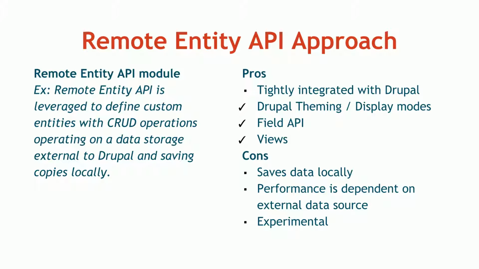By default, Drupal is going to assume that you are performing all these functions locally in a SQL backend. But you actually have the ability to perform these operations on any storage system that you want. So the Remote Entity API module basically provides a set of interfaces that allow you to design an entity that performs all its operations on remote data rather than local data.